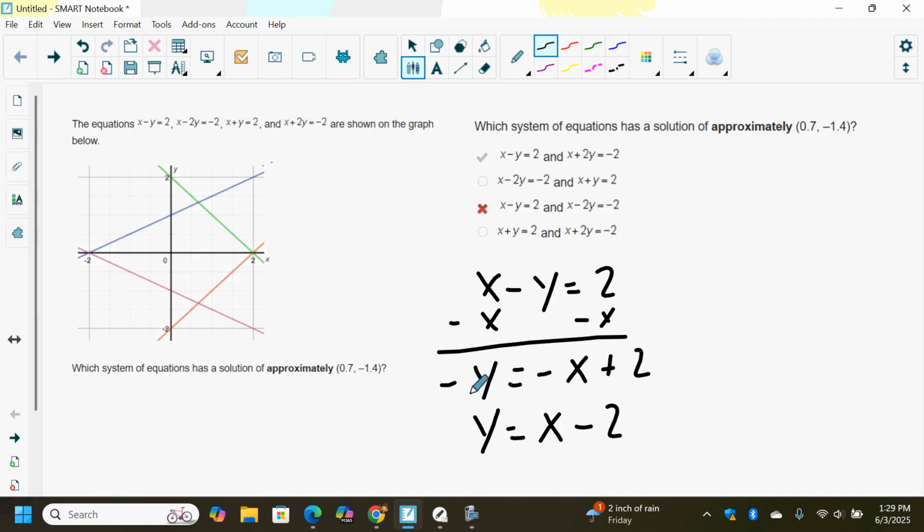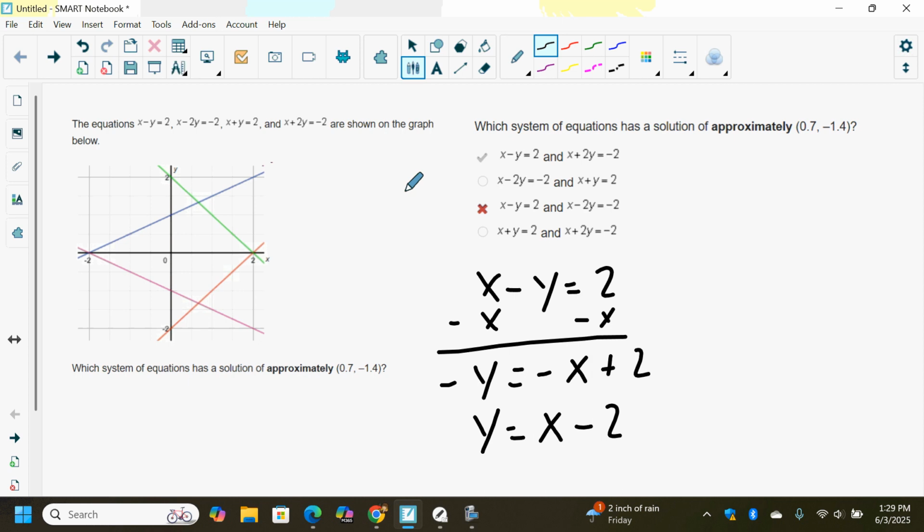So it starts at negative 2, which is this one, and should go up 1 over 1. It starts at negative 2 and goes up 1 over 1. Oh, so I'm sorry, this is negative 2, so it's this red one.